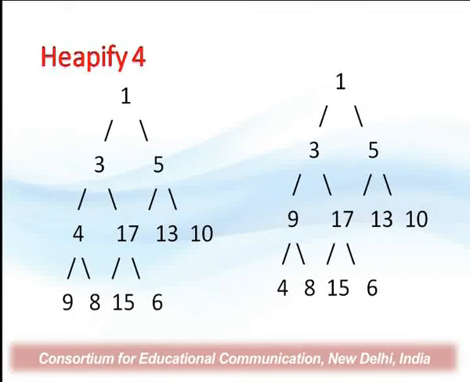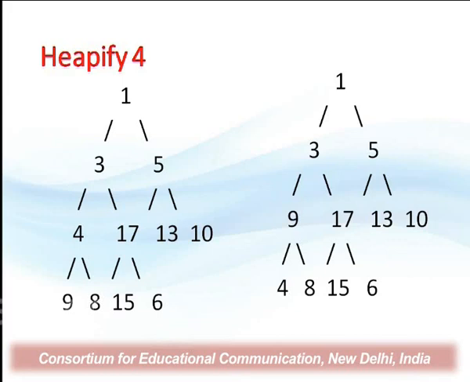So 4 will be compared with the other two, the left and right children, and the key which is greatest, for example here 9, will take the place of the root. So here we have heapified 4.